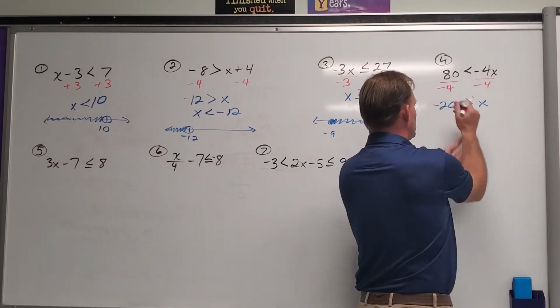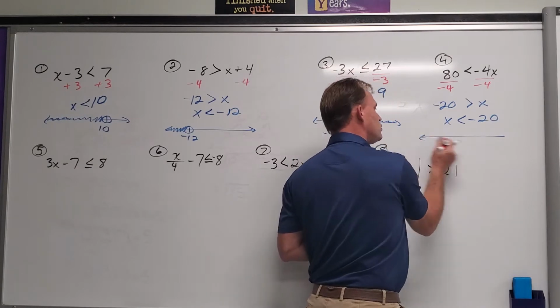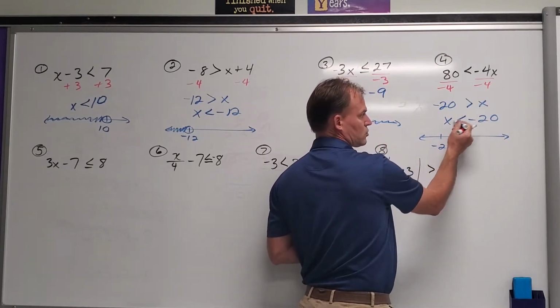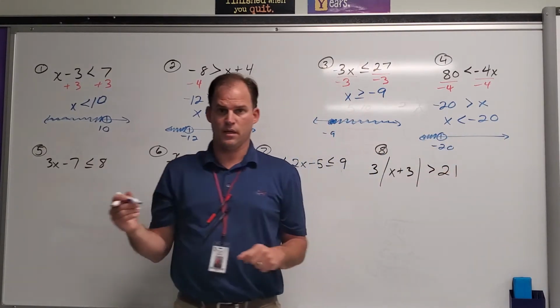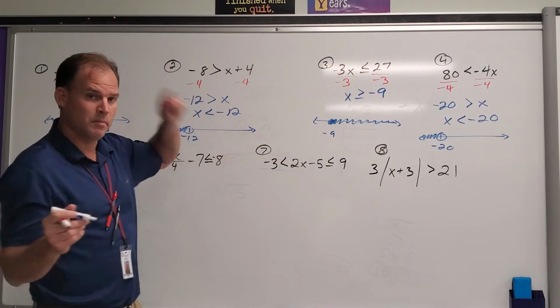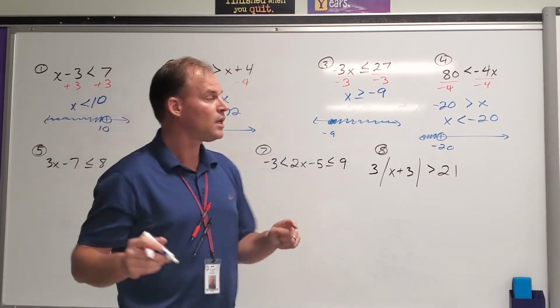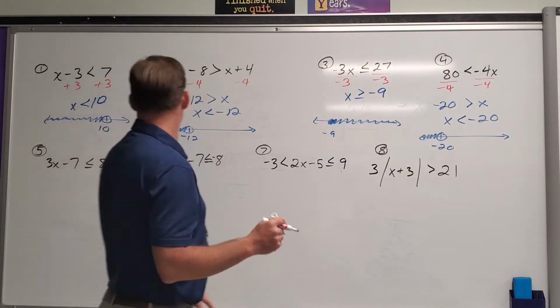We want to turn this around to make it easier to graph. -20, no line, open circle, shade less than. Okay, so that one flipped twice. Make sure you understand why it's flipping. It's not random. Divide by a negative, change inequality. Turn it around to help with the graph.